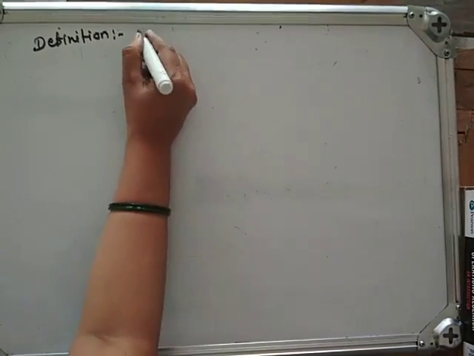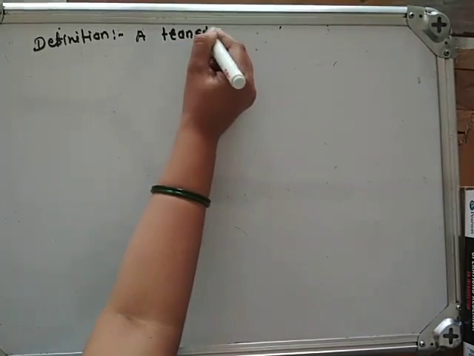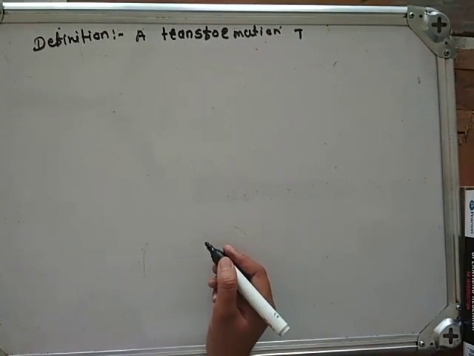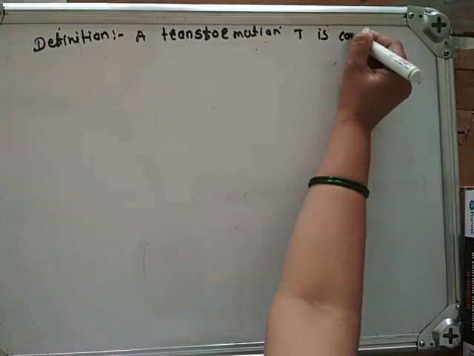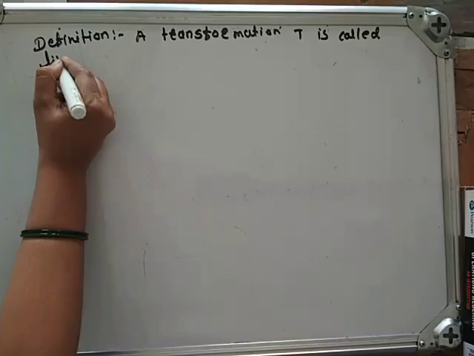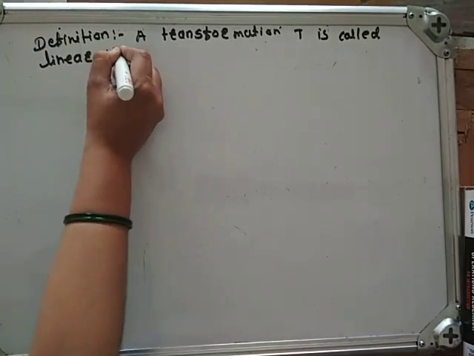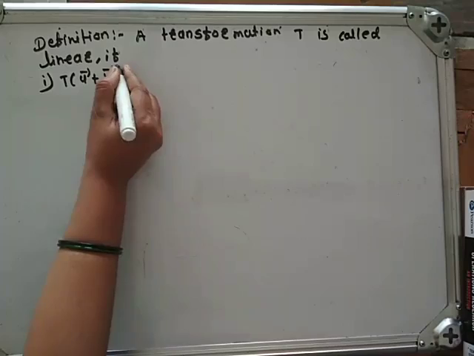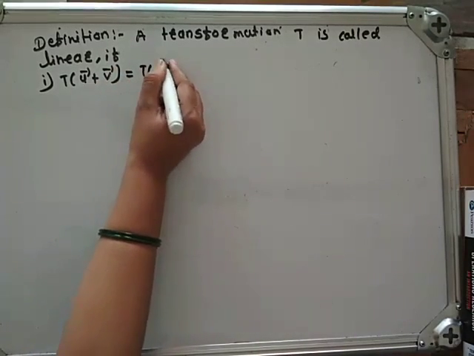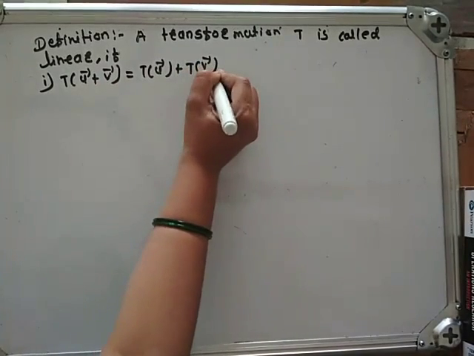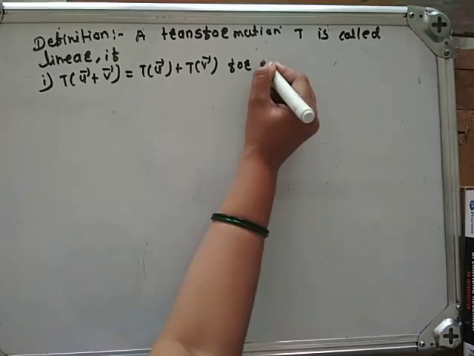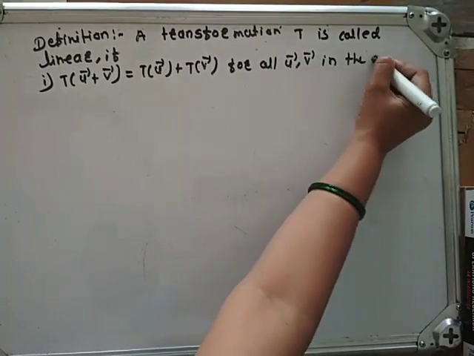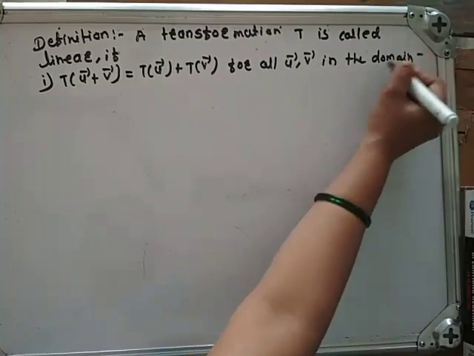A transformation T is called linear if first one is T of u bar plus v bar is equal to T of u bar plus T of v bar for all u bar comma v bar in the domain of T. Okay.